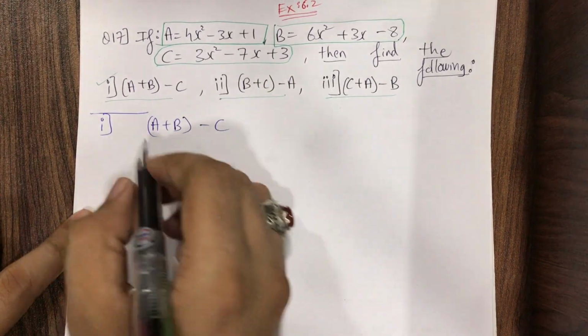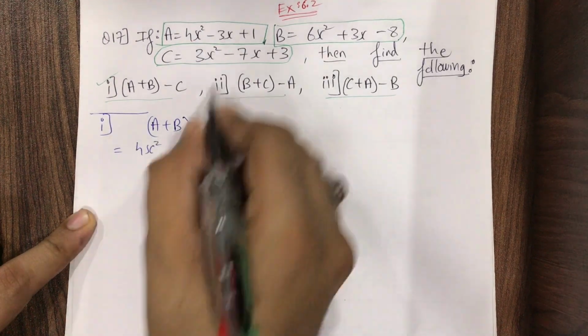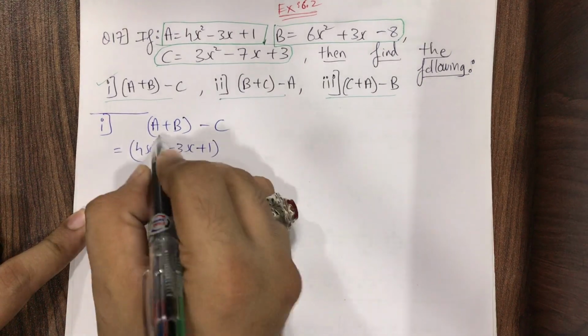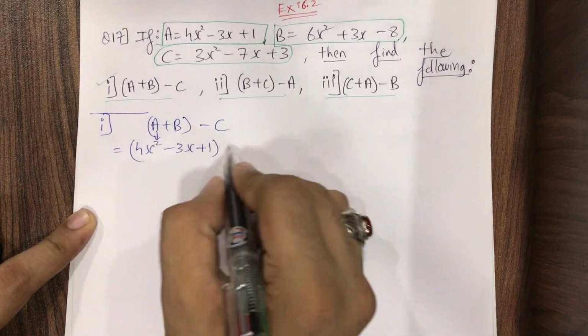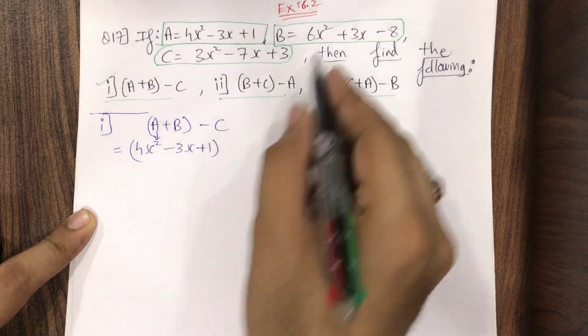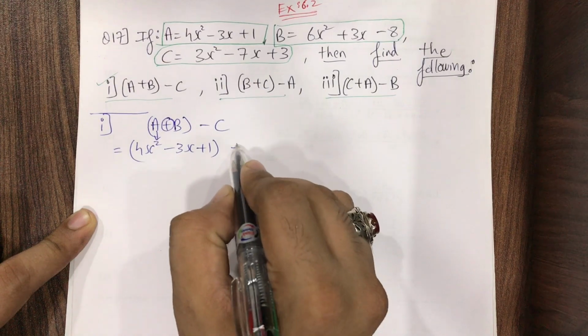So at the place of A I'll put 4x square, see here, minus 3x plus 1. Now at the place of B I need to put the value of B, but in between I have a plus sign, so I'll add this plus.